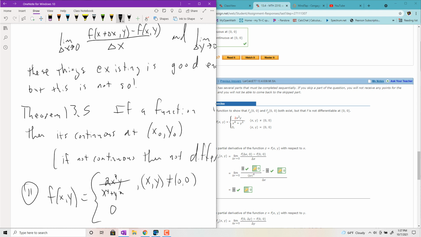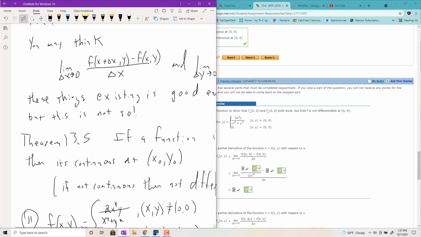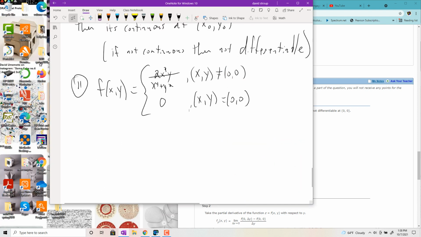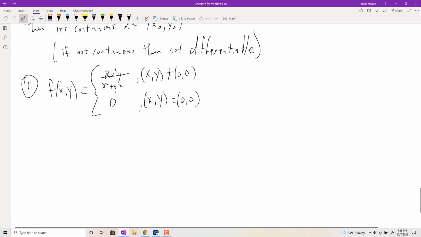And then it's just equal to 0 when x, y is at the origin. Okay, so first they want you to use the limit definition to show that it has its partial derivatives at that point.